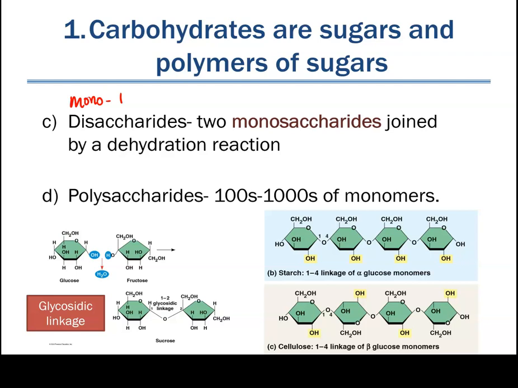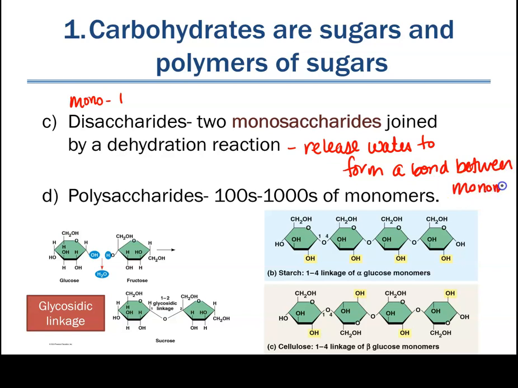Remember that a dehydration reaction is a reaction that is going to release water to form a bond between monomers. So we can build disaccharides or even larger molecules, polysaccharides, by a series of dehydration reactions.